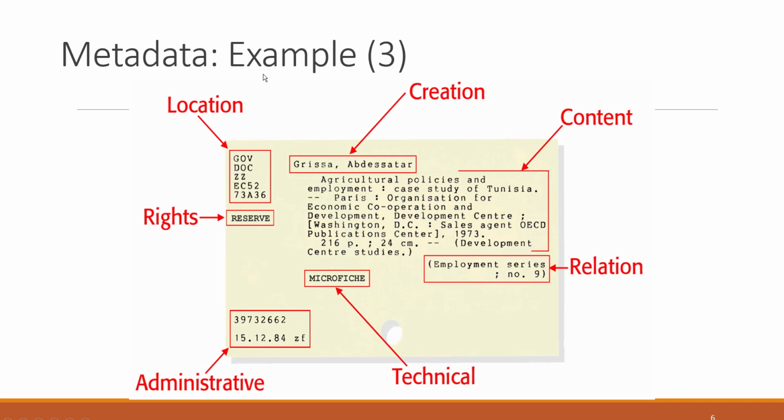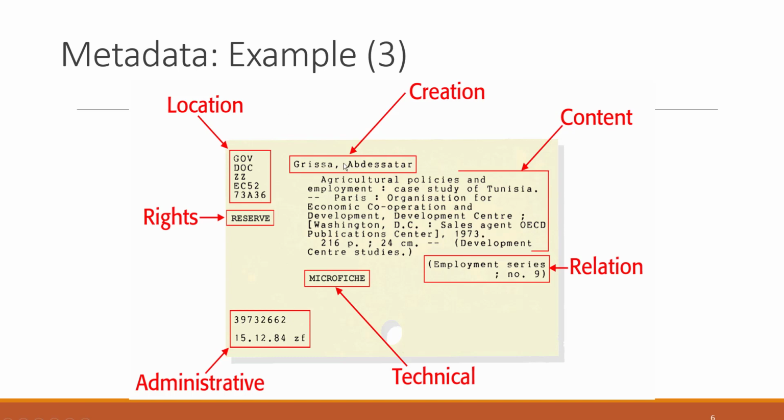Okay, this is the third example. This is the information of employee. Okay, this is quite complex to understand, right?